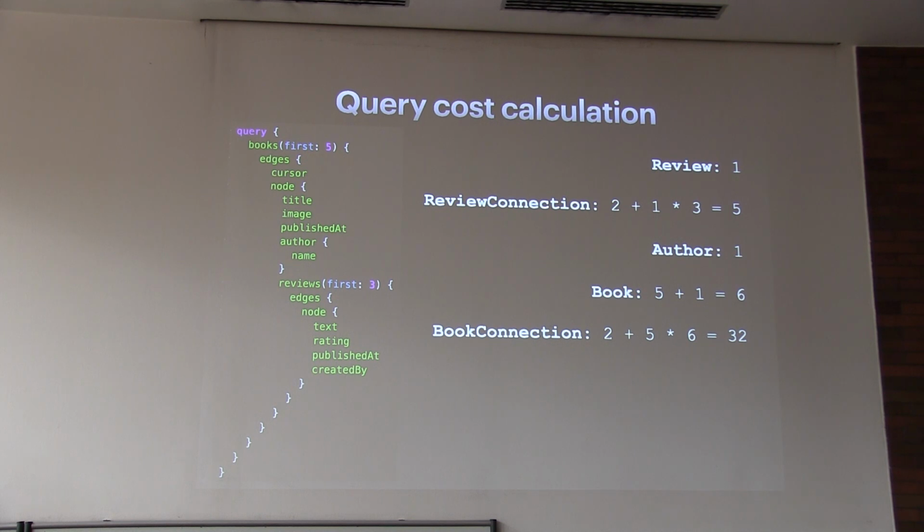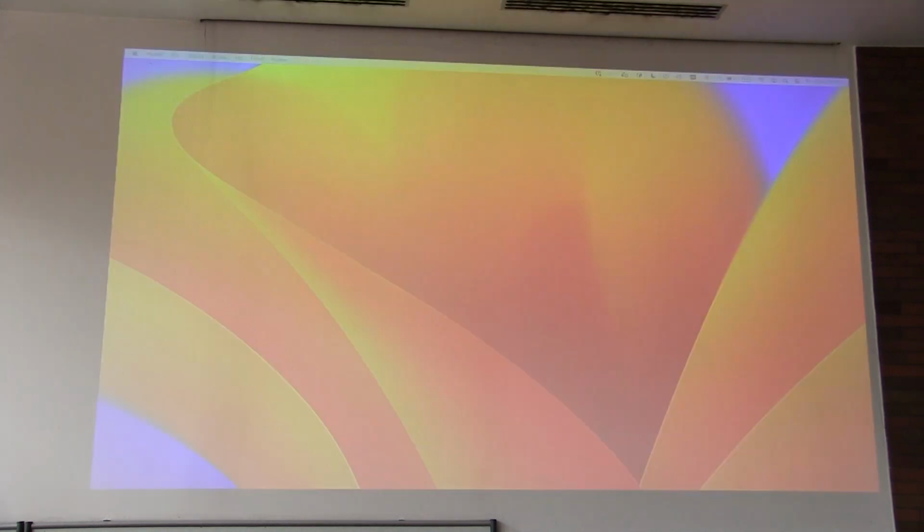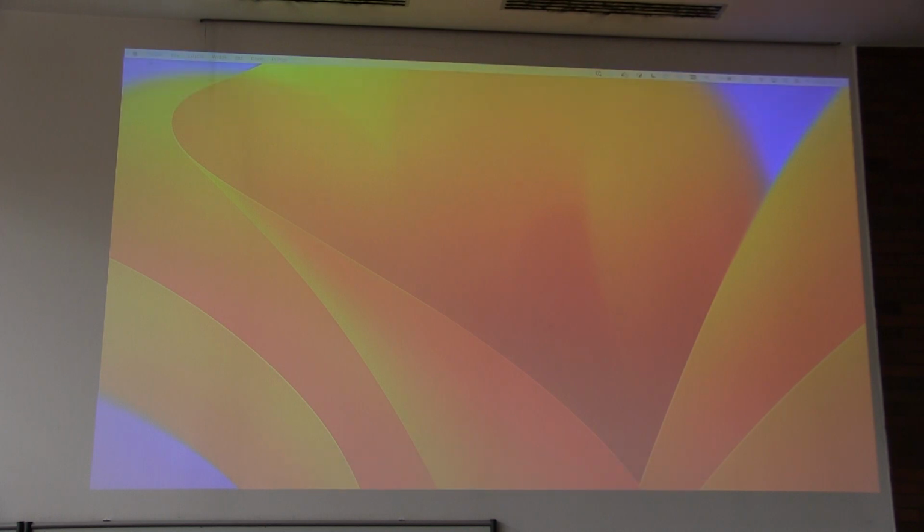So you either use first and after in order to move forward, or you use last and before if you want to go backwards. Ideally, you would like to implement both of them, but it's not required. You can only implement first and after if you don't want to go and implement the specification, and that's okay, and it is actually allowed in the spec.